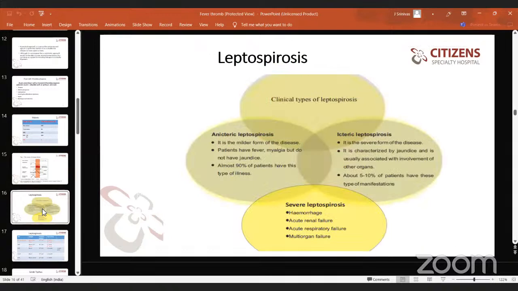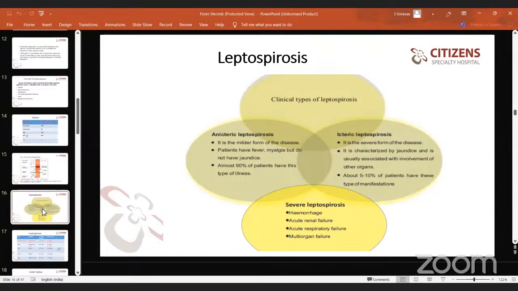We know that leptospirosis has 3 phases: anicteric, icteric, and severe leptospirosis. I am not going into details. How will we diagnose this? What are the tests we do for leptospirosis? Serology testing, sir. Antigen and antibody serology testing of urine, blood, and CSF, sir.